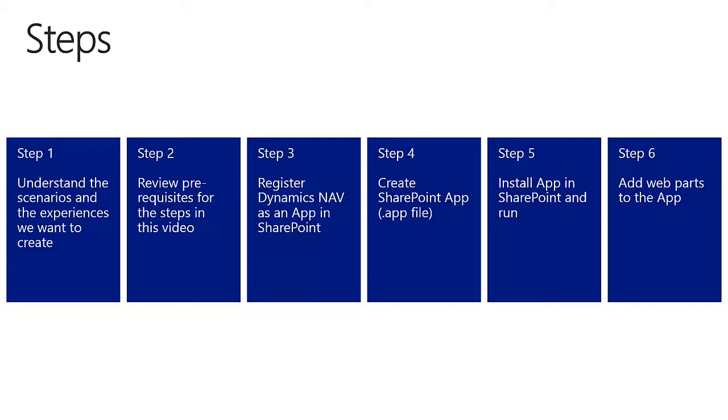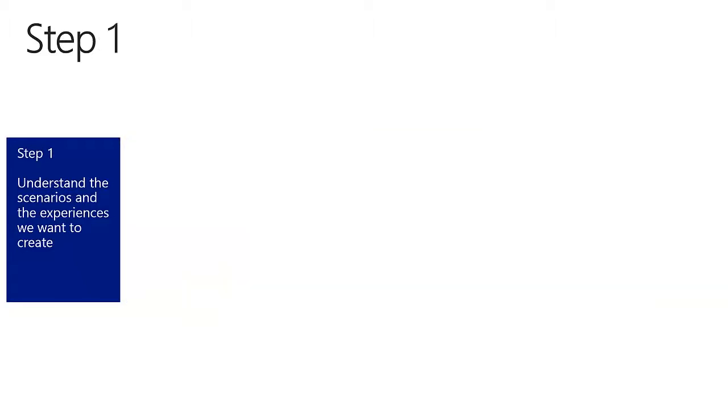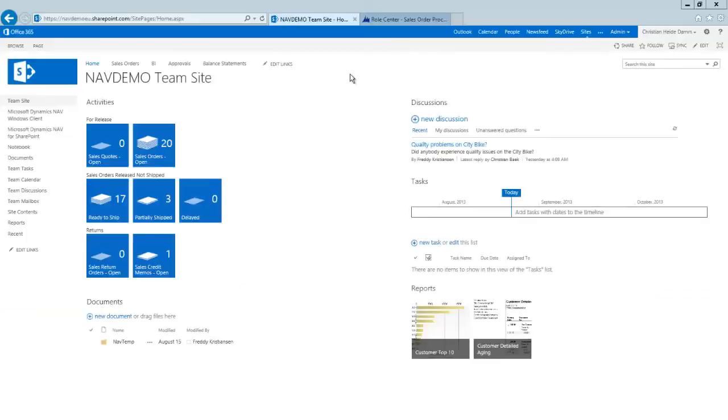In step 4 we show you how to create the SharePoint app. In step 5 we show you how to install the app on SharePoint and to run the app. And in step 6 we will go back and update the SharePoint app to include web parts that can be embedded on SharePoint pages.